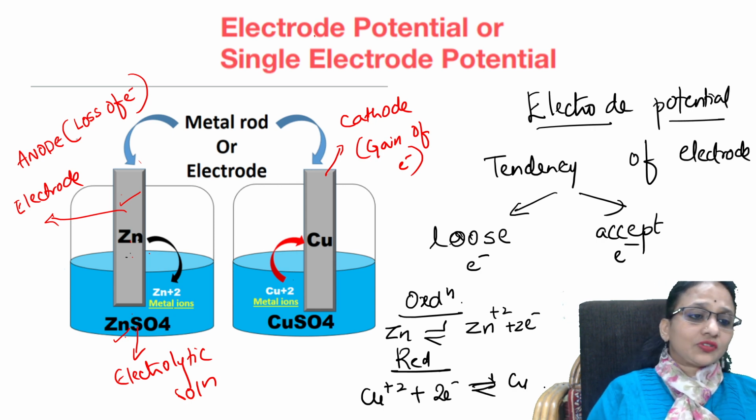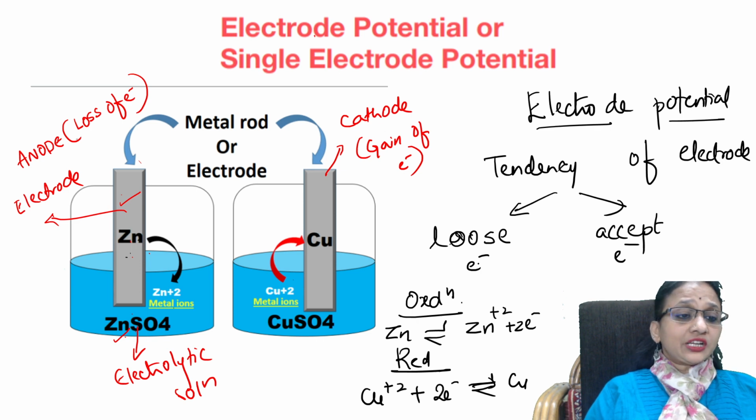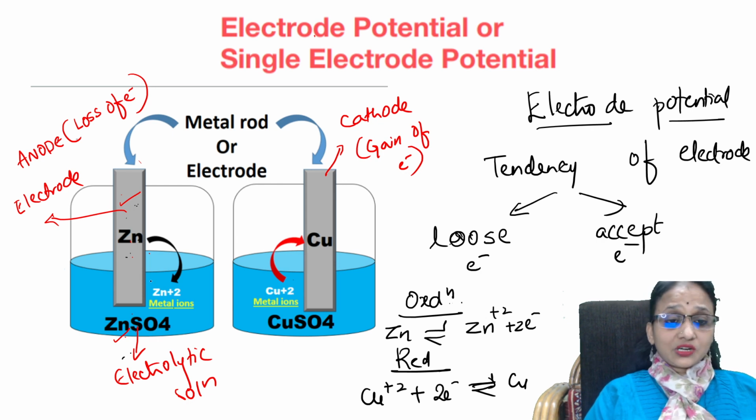Now here observe the electrode potential difference. This is what electrode potential is. The difference between your metal strip and solution is called electrode potential. What is that, students?